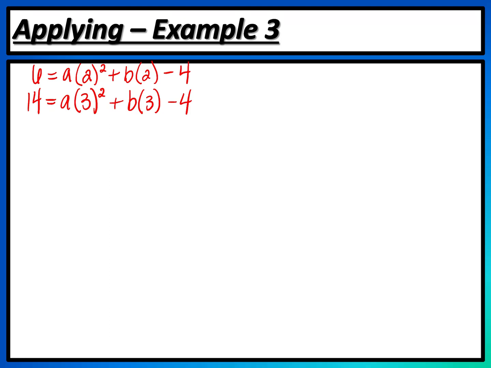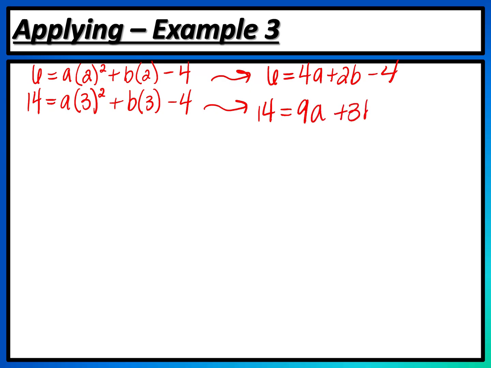Okay, so I'm going to simplify these. I'm going to clean them up, do those like 2 squared, 3 squared. All right, I'm going to do a little bit more solving here.